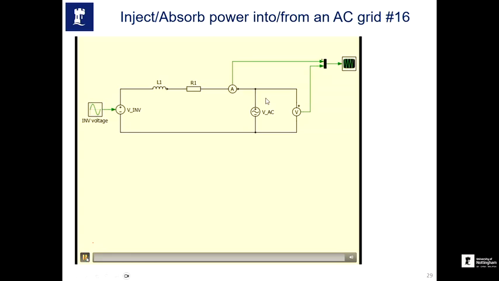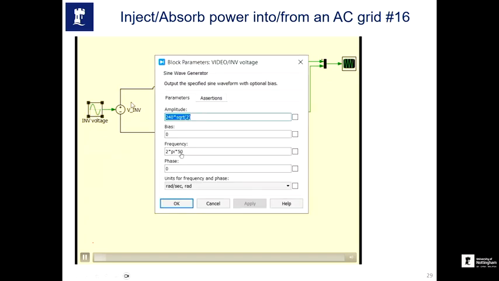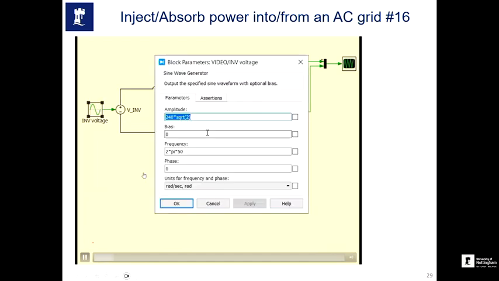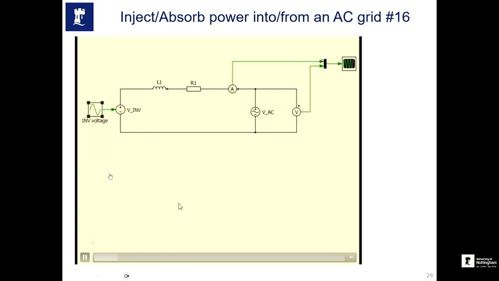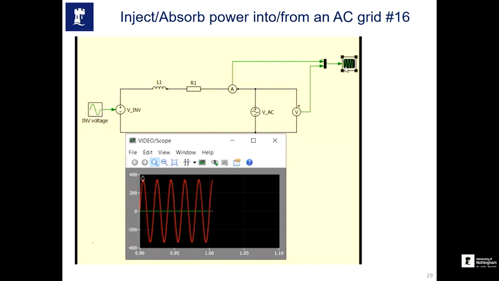As you can see, it's 240 volt times square root of 2, that's the amplitude, at 50 hertz. So when both of them have the same amplitude and the same phase, if we run the simulation now, the red waveform is the voltage and the green waveform is the current. Because you have the exact same voltage, same magnitude, same phase, no current flows in the circuit.